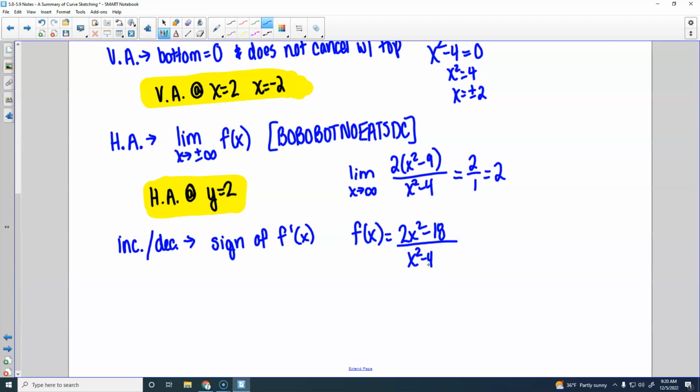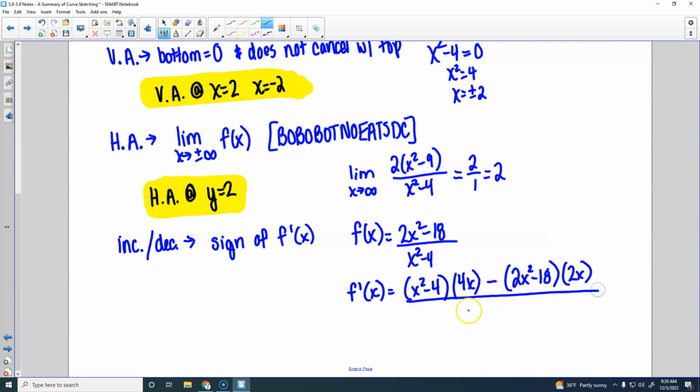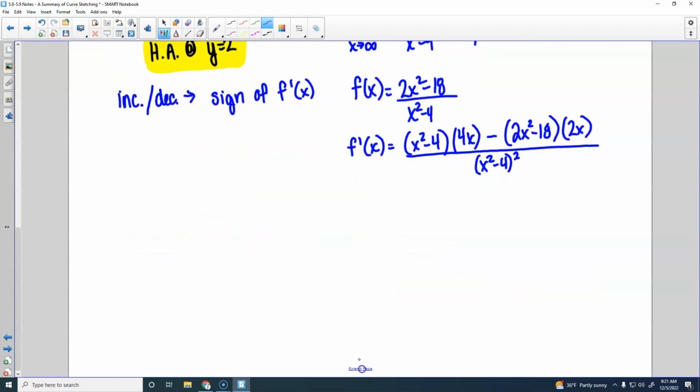So to take this derivative, we're going to have to use a quotient rule. So we would have x squared minus 4 times the derivative of the top, which would be 4x, minus 2x squared minus 18 times the derivative of the bottom, which is 2x, all over x squared minus 4 squared.